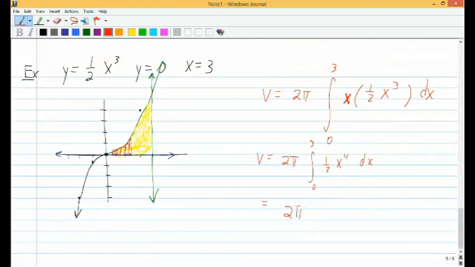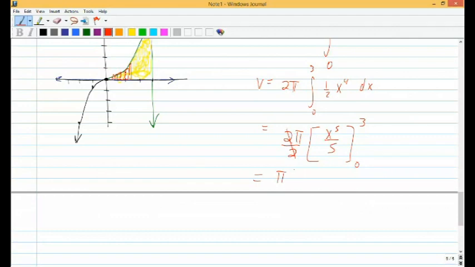So that's 2 pi times, I'm going to go ahead and bring out the 1/2. If I bring out the 1/2, you can see that cancels out, and I'm just integrating x to the 4th. So that's x to the 5th over 5, evaluated from 0 to 3.